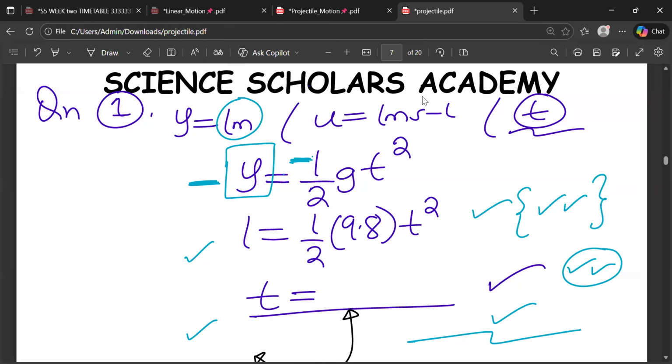Which value of t are you getting? Which value of t are you getting? You people, okay, let me get it on my own, but that is bad. People get tired too fast.